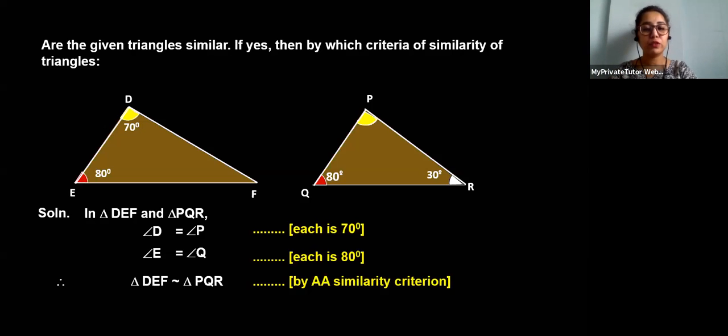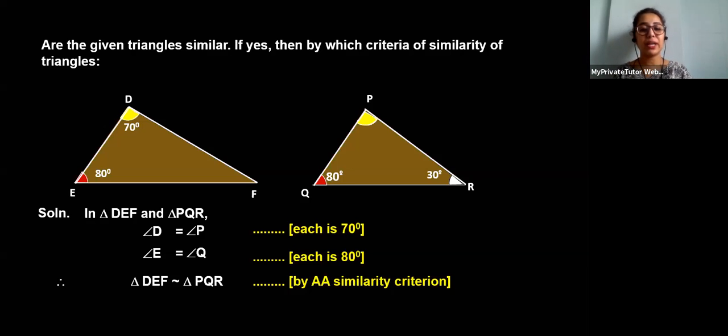So whenever you have to prove the criteria for similarity of triangles, first you have to observe the angles, whether they are congruent or not. Then you have to observe whether the sides are in proportion, and whether one of the angles is equal.